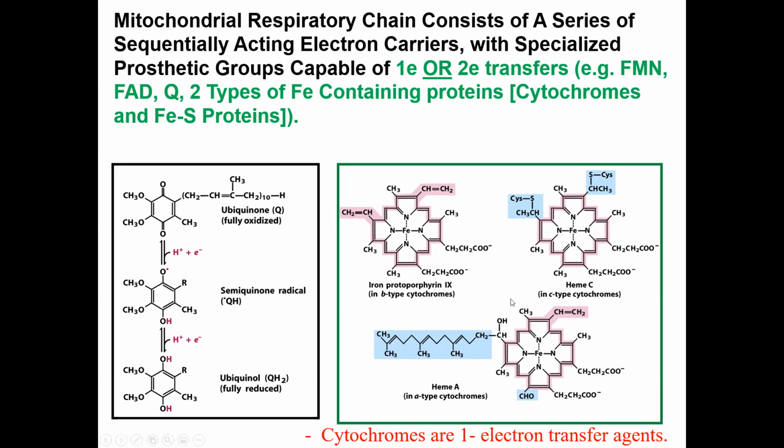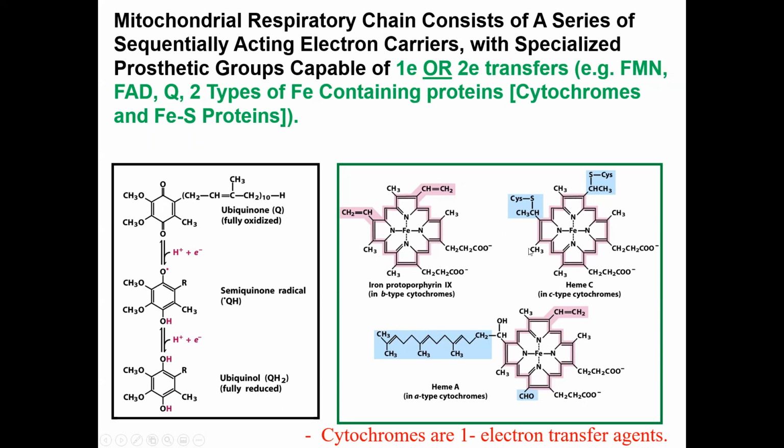And then you have heme A, which is found in A-type cytochrome proteins, right? It has a long isoprenoid tail here attached to one of the 4 pyrrole rings, right? And you also see an aldehyde kind of functionality on one. So they have different functions, but overall this is how the prosthetic groups look.